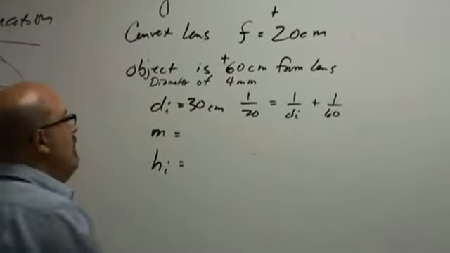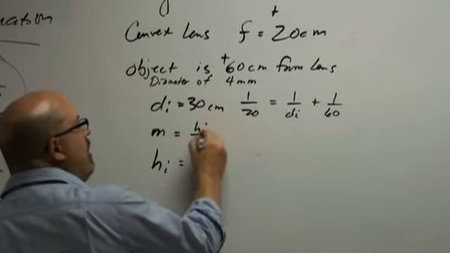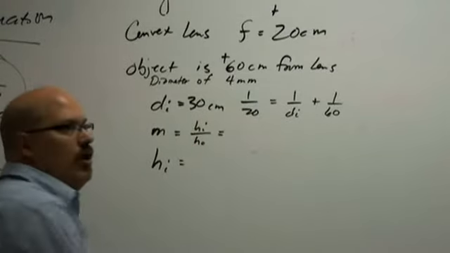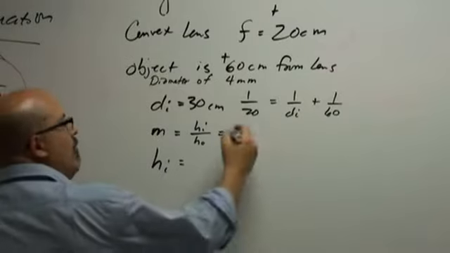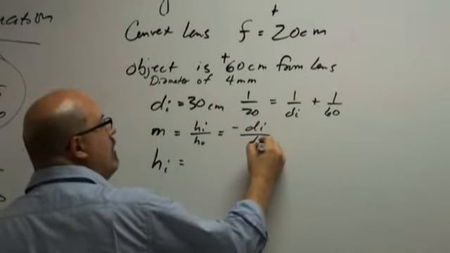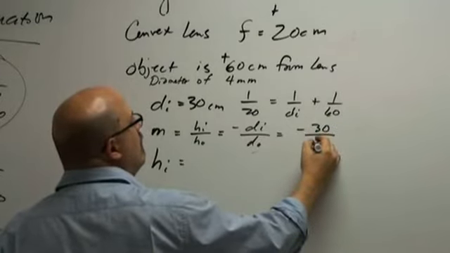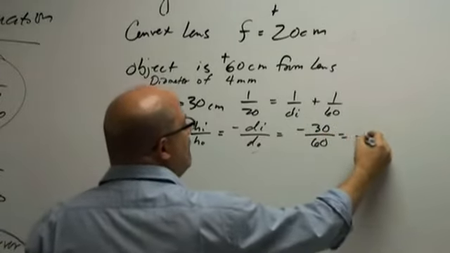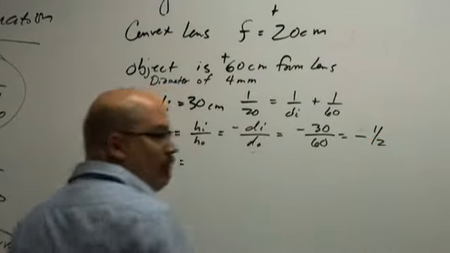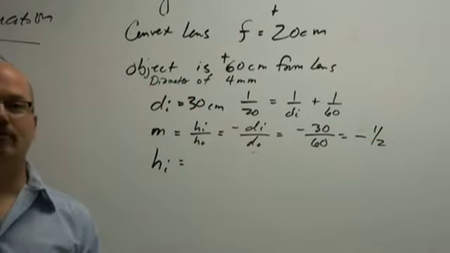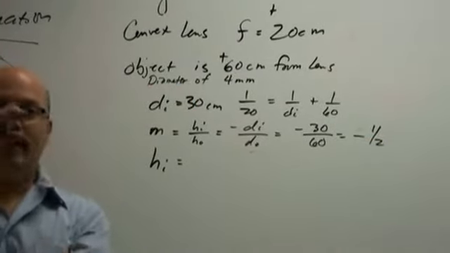For magnification, remember, magnification equals hi over ho, but I don't know the height of the image. But I know negative di over do. That becomes negative 30 over 60. So it's negative 1/2 or 0.5. So what happened to my image? It's inverted and half the size.